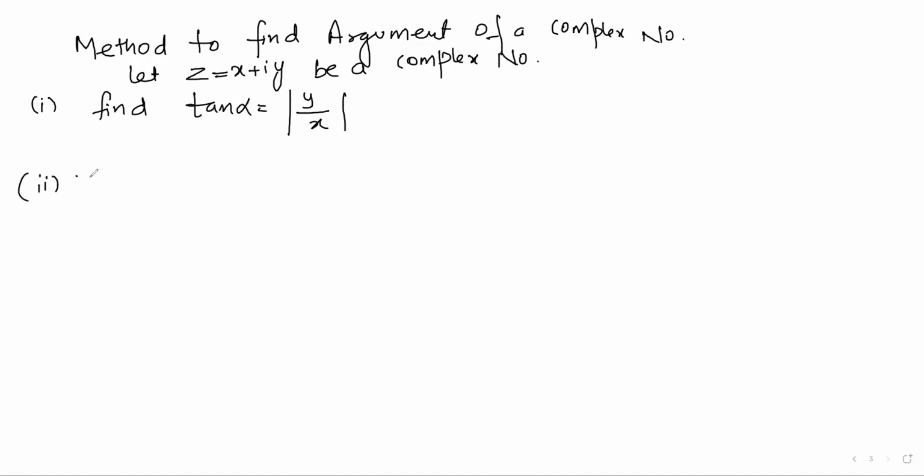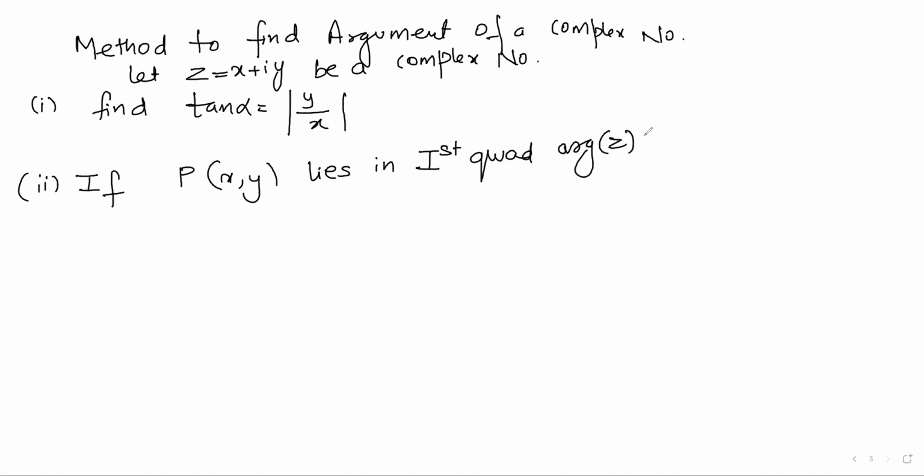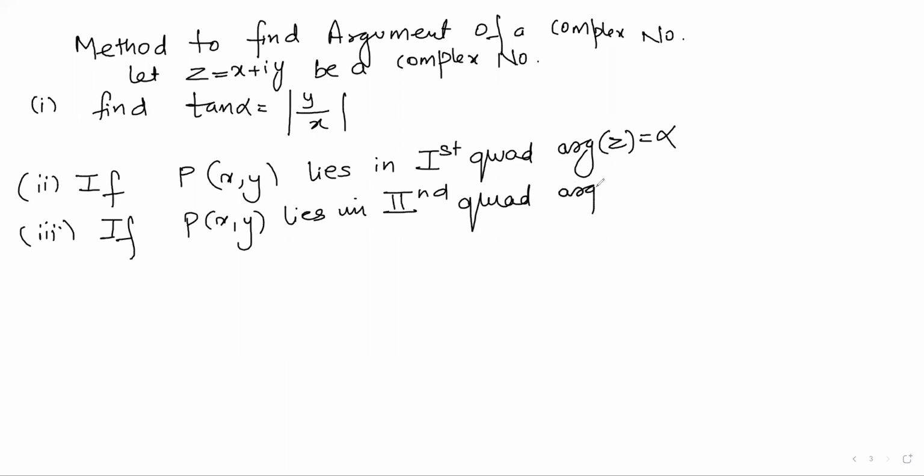Second, if that point P, which is x comma y, lies in the first quadrant, then argument of z is equal to alpha. If this complex number lies in the first quadrant, then argument is equal to alpha. If this point P lies in the second quadrant, then argument of z is equal to pi minus alpha.